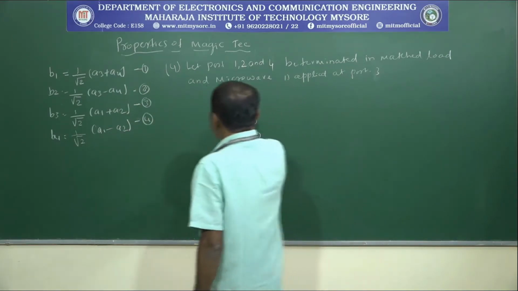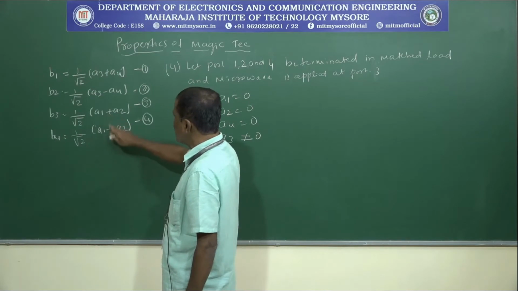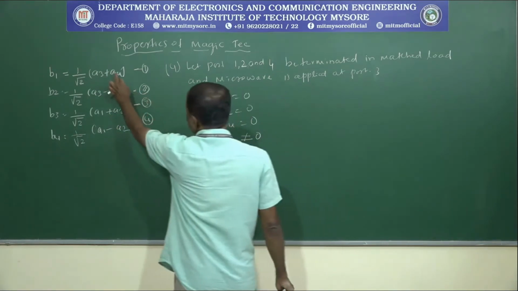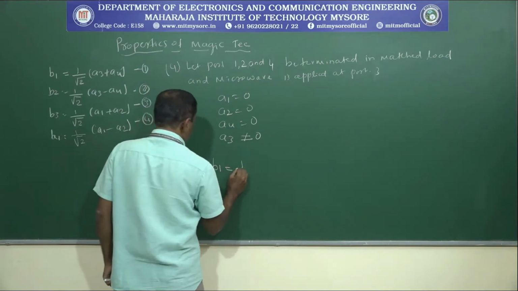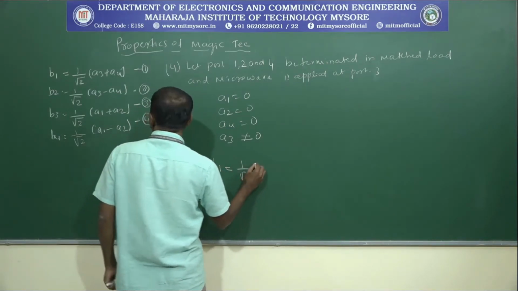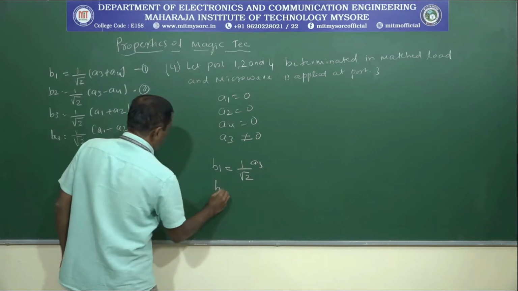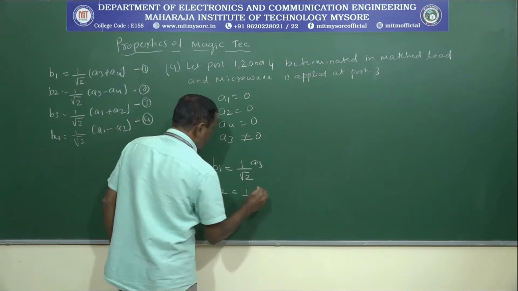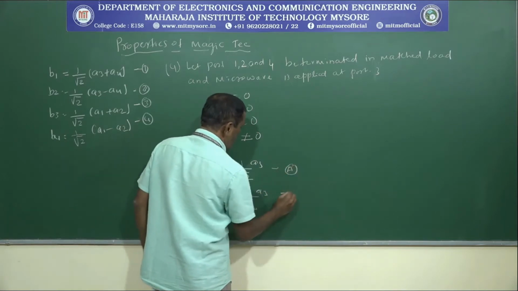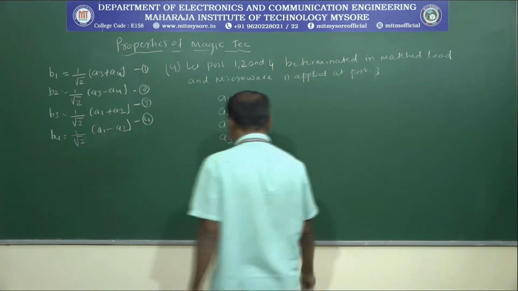A1 and A2 are 0, so these two equations will go. A4 equal to 0, so this will become 0. Then I will get B1 is equal to 1 by root 2 times A3 and B2 is equal to 1 by root 2 times A3. I will call it equation number A and equation number B.